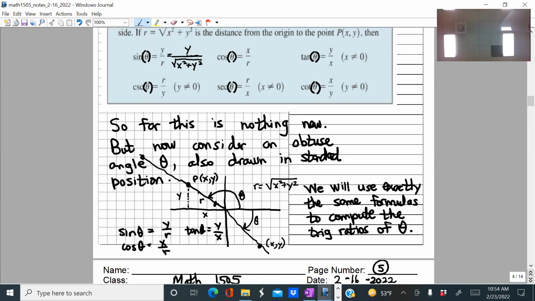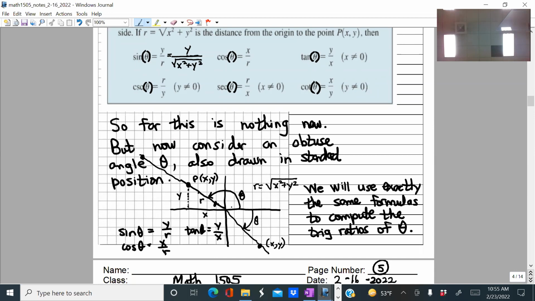Somewhere between 90 and what? 180, yeah. So in other words, it's an obtuse angle. That angle theta cannot be put into a right triangle, but you can still put it in this picture. It has the initial side on the x-axis, and it has this terminal side here.